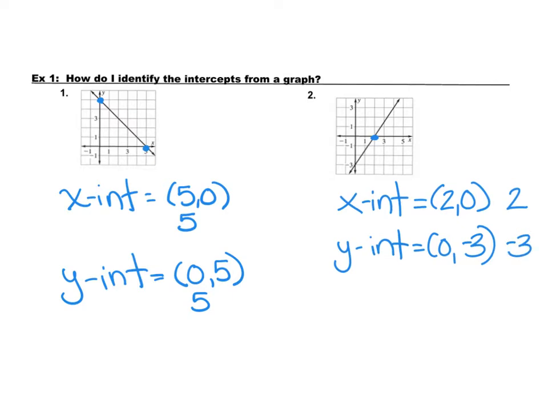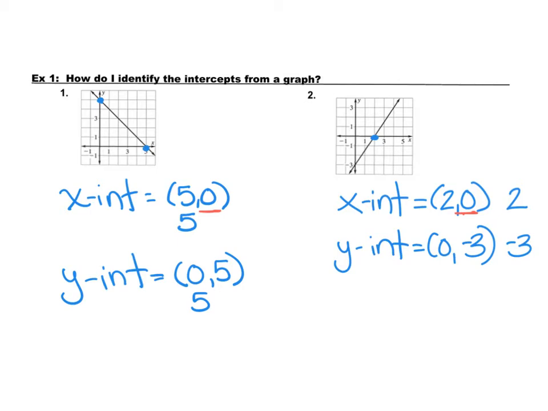All right, so I'd like you to look at the two that we've just identified, the x and the y-intercepts, and see if you can see a pattern. With the x-intercepts, let's take a look at the 5, 0, and the x-intercept for the second one, 2, 0. One of the things I want you to note is that with your x-intercept, the y-coordinate is going to be 0.